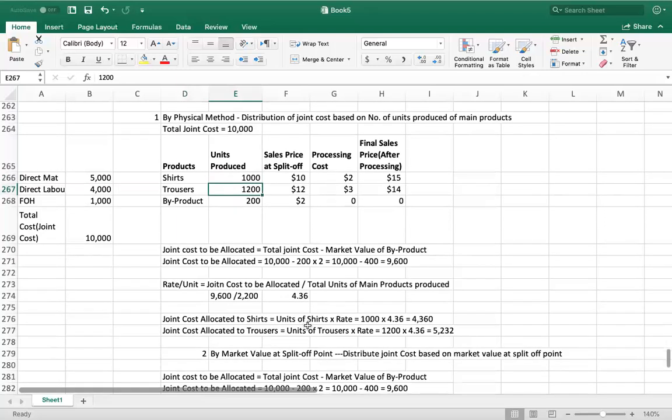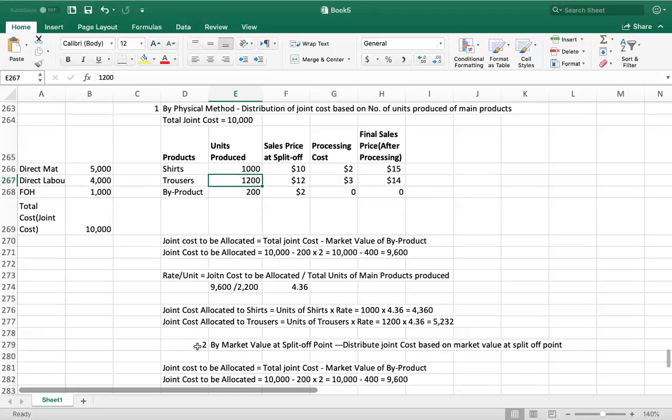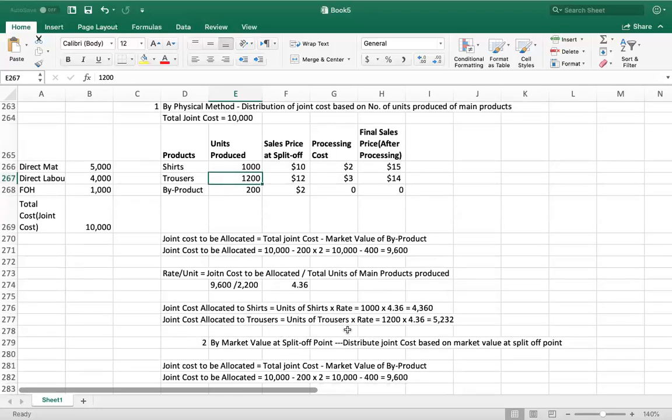Now you can allocate joint cost to shirts: number of units of shirts multiplied by this rate. 1,000 multiplied by this rate means 4,360 will be allocated to shirts. In the same way, you allocate cost to trousers: number of units of trousers multiplied by the same rate, so 5,232 will be allocated to trousers.